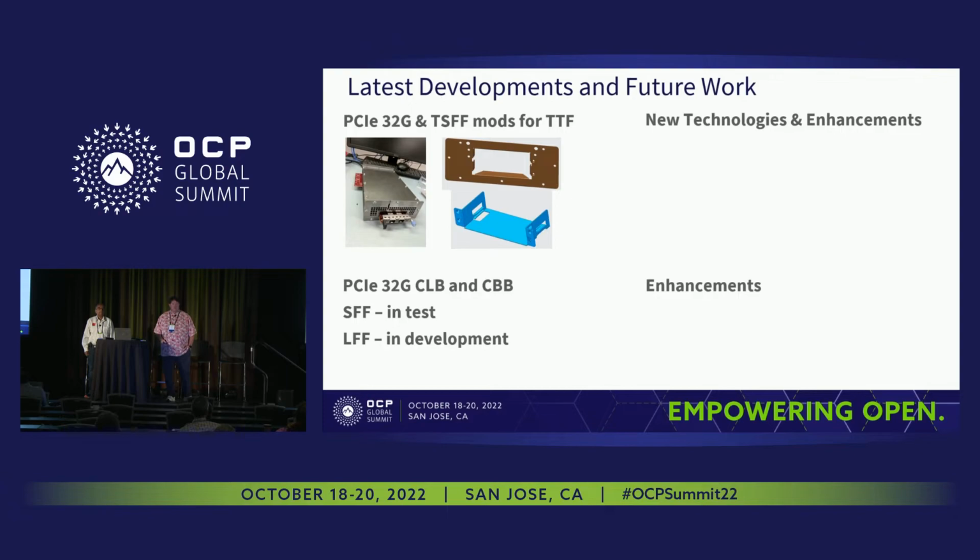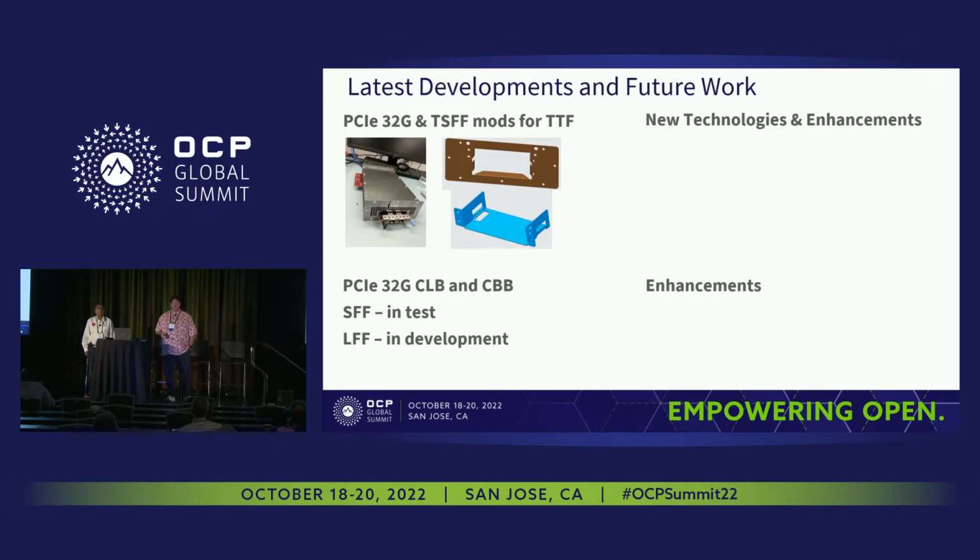So, that's great. So we have these mechanical pieces. If you already have a thermal test fixture and you need these bits, they will be contributed officially probably by the December incubation committee meeting. The CLB and CBB for the 32 gigatransfers will be contributed at the same time for the small form factor.